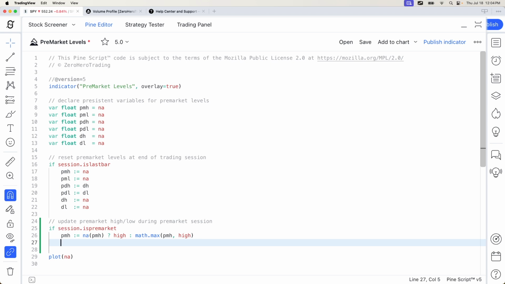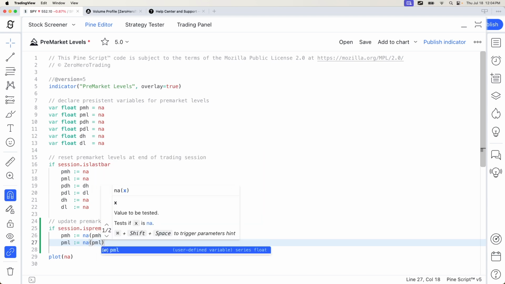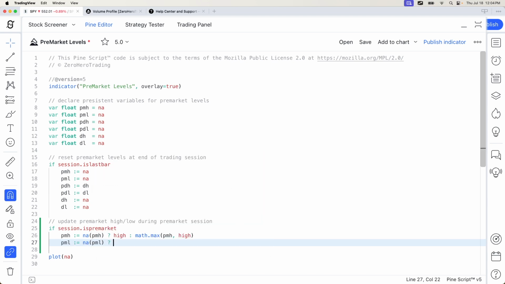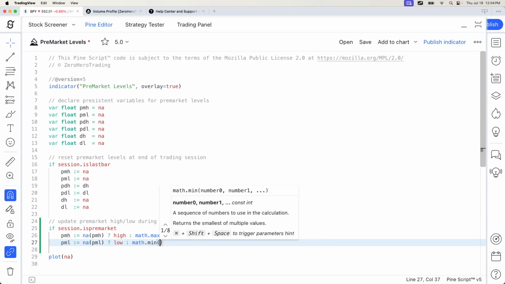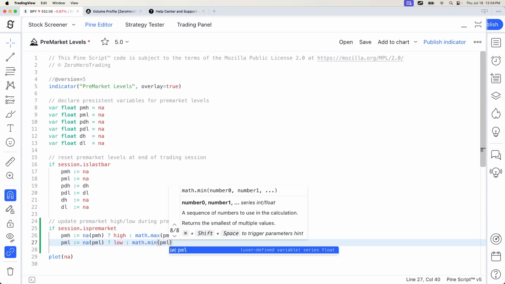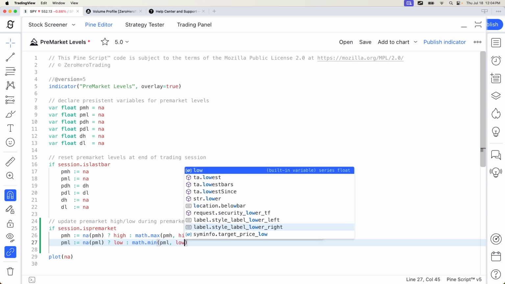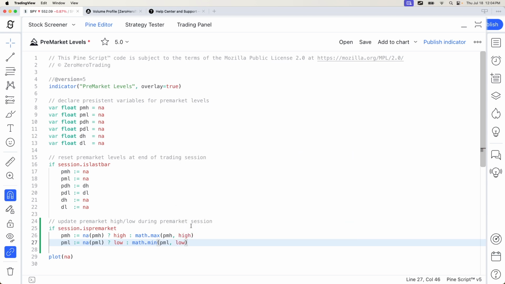Similarly, for pre-market low, so PML, na PML, in that case, it should be low value. If not, it should be the minimum, so math.min of the current PML value and the current low. Let's save.